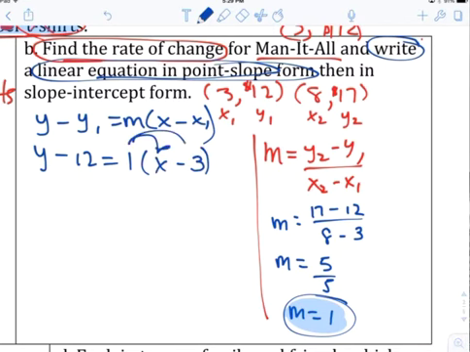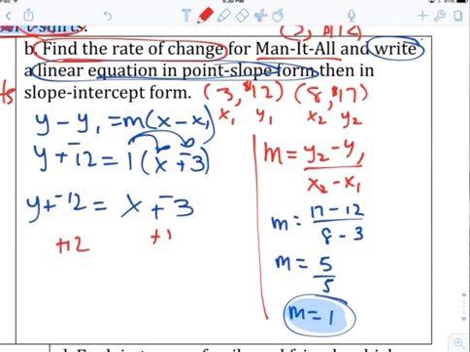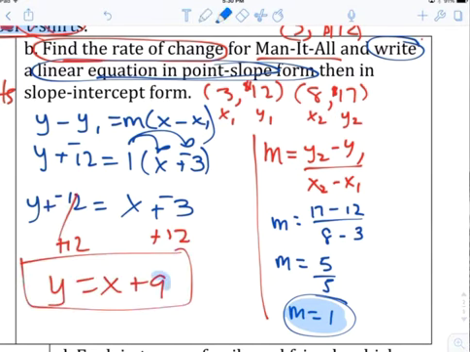Distribute first. The 1 doesn't change anything. It leaves x minus 3, or x plus a negative 3, equals y plus a negative 12. Make the negative 12 equal to 0 by adding 12. You get y equals x plus 9, where the y-intercept is 9 and the rate of change is 1.